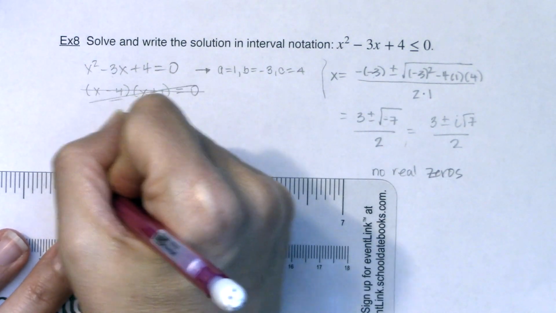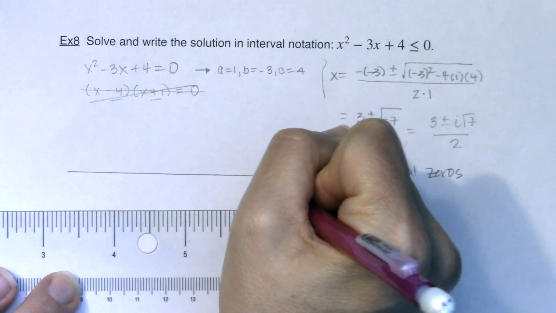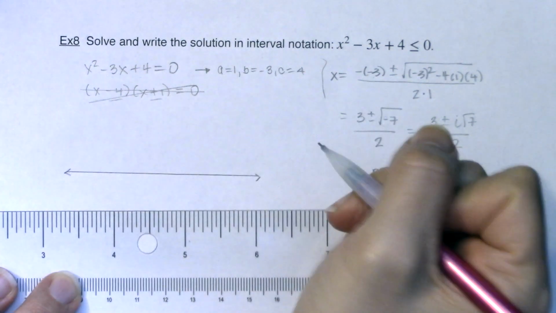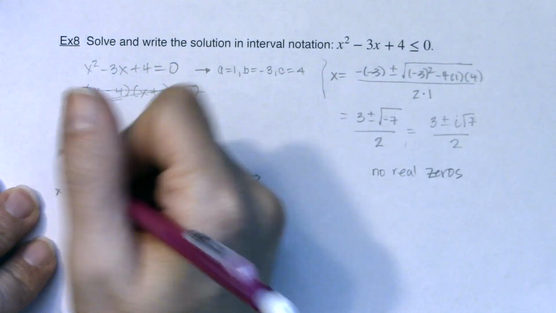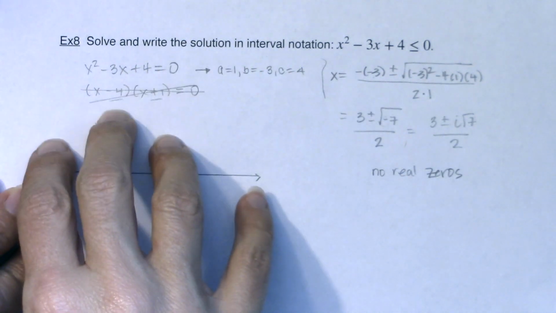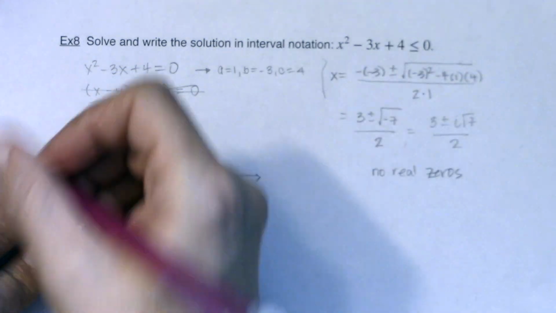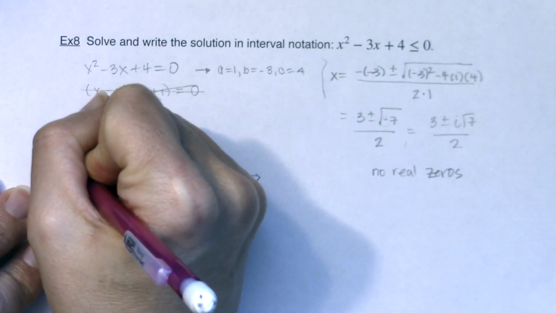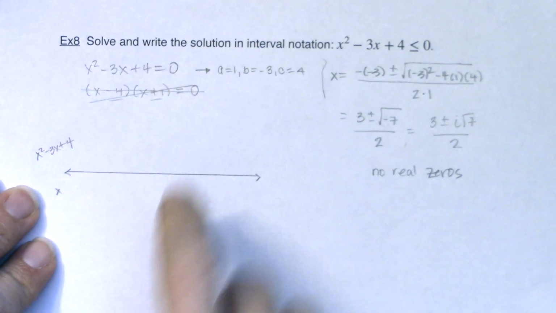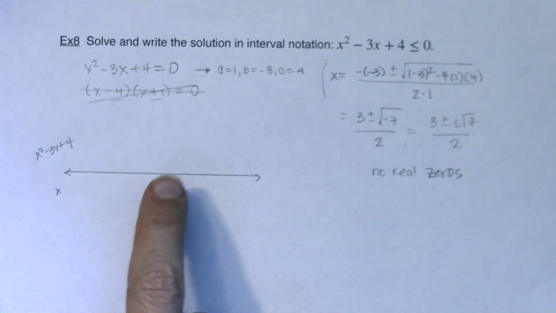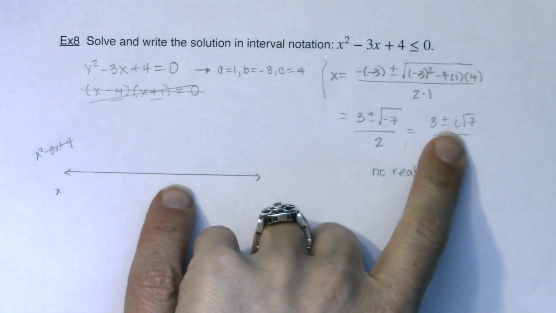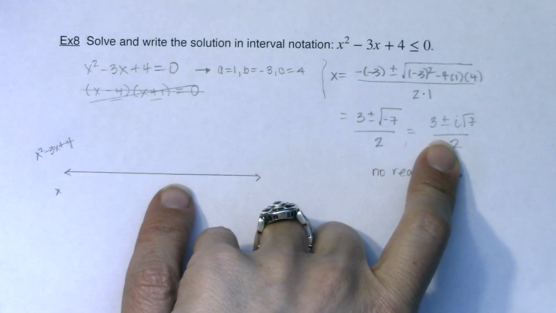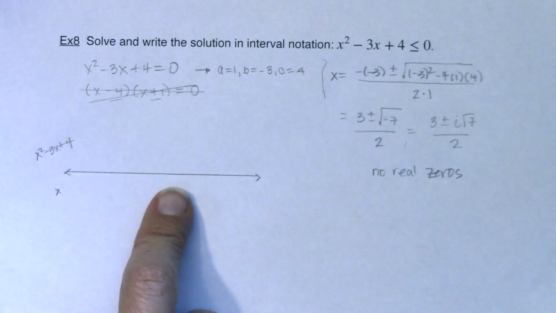So let's make our smushed xy axis, like we have been. I'm going to put x's below, and then the signs of my y values, or my quadratic expression value of x squared minus 3x plus 4, above. Now, there are no specific x values I can write here, because 3 plus i root 7 over 2 does not exist in the real world, and 3 minus i root 7 over 2 doesn't exist. Great.